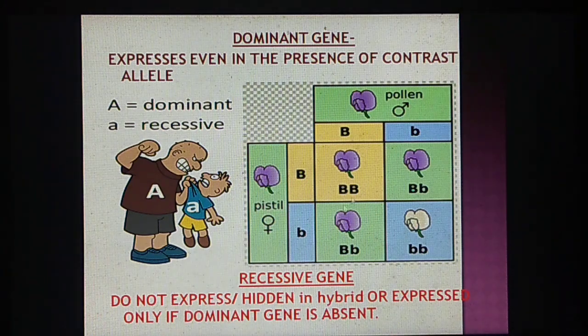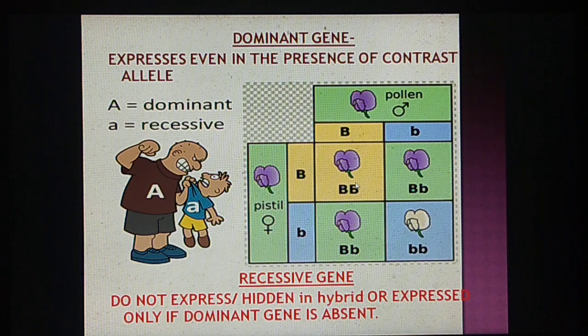For example, here there is a cross shown between two individuals, that is, heterozygous purple flowers. So, the plants have purple flowers, but both the plants are heterozygous. We can see here the factors are dissimilar. Now, in the offspring obtained here, we can see the dominant gene is seen in three individuals.